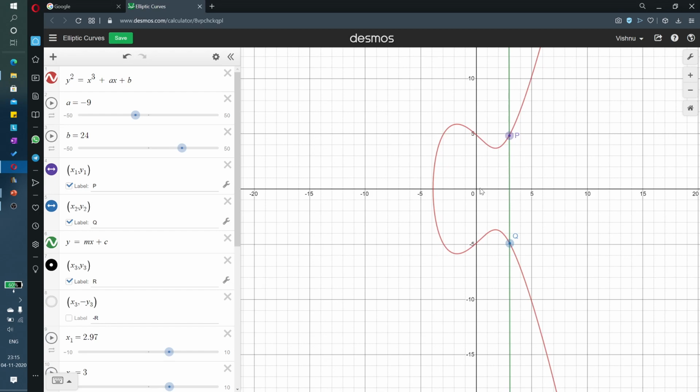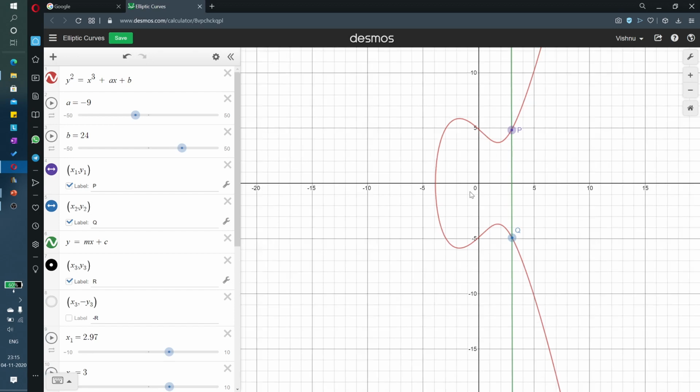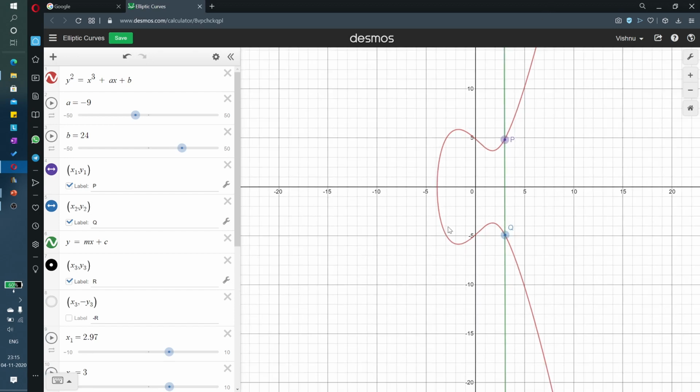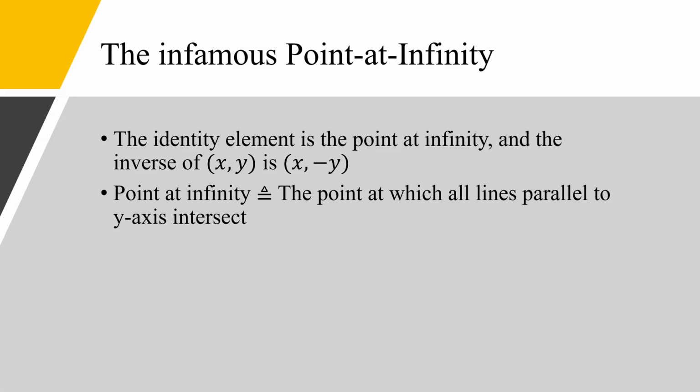And this is a problem because we need to be able to define a group structure on the set of all elliptic curve points. So the way we do this is by defining some point at infinity, which is again somewhat loosely defined. It's defined in order to meet the condition of the group law. So we say that there's some point at infinity, and if we include that point too, then we technically have 3 points that this line passes through, with the condition that q and p are inverses of each other.